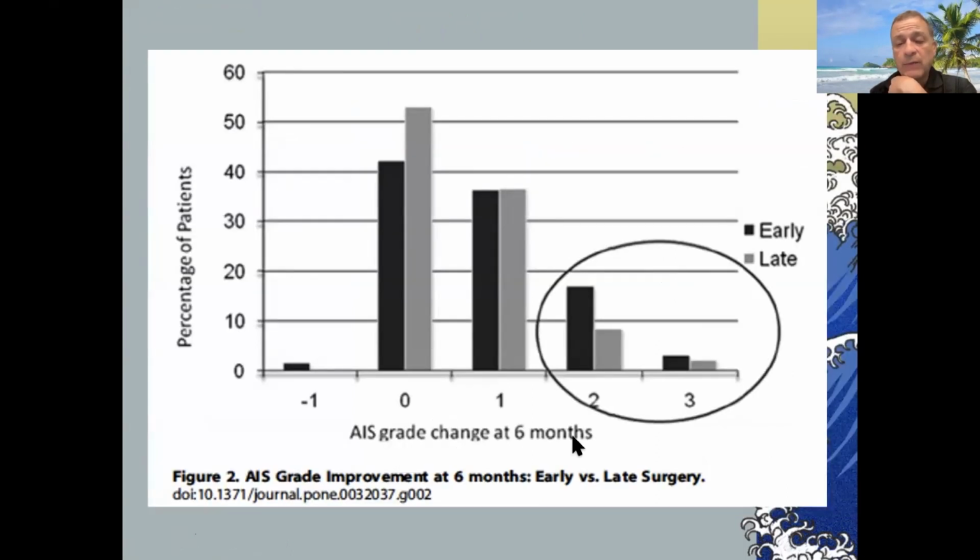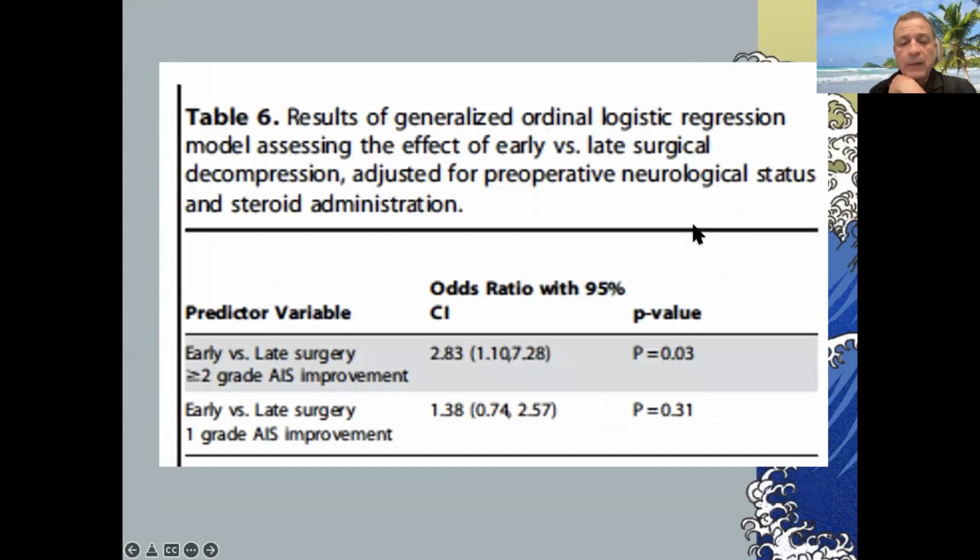And basically what they found is that patients who got treated early, or less than 24 hours, and when you looked at 6-month ASIA grade improvement, those that were decompressed early had significantly more 2-grade improvement in ASIA score. So more patients went from A to C or B to D in the early group than in the late group. And that's shown here in one of the tables from the paper.